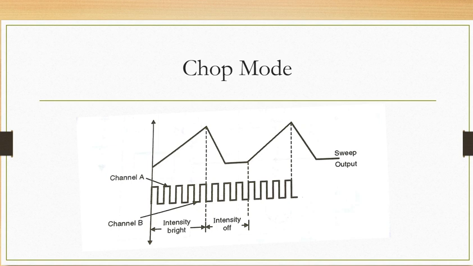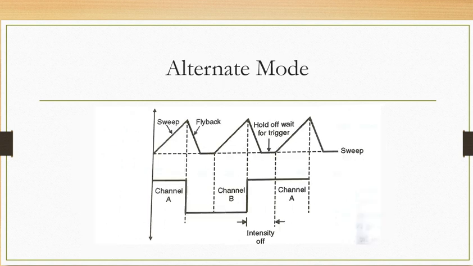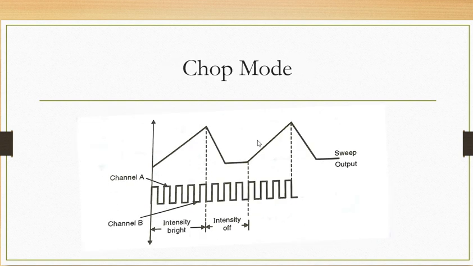So how is it obtained? For that you have to use a free running oscillator to control the switch position. Previously we were using a digital electronic circuit like a toggle flip-flop, but in this case you have to use a free running oscillator because the switch position is controlled at very high speed.